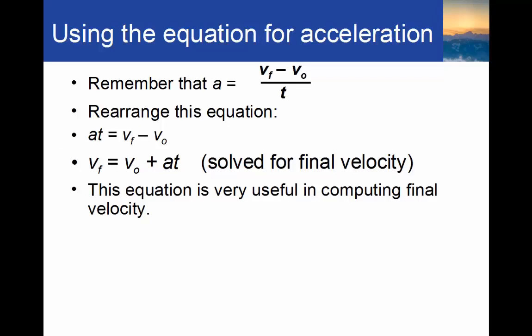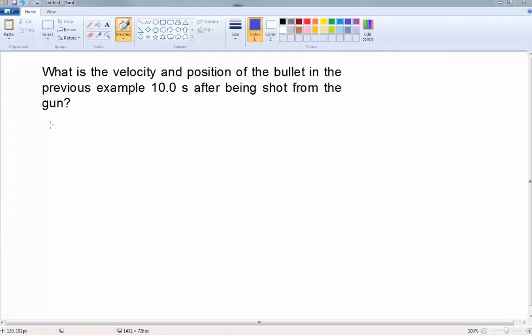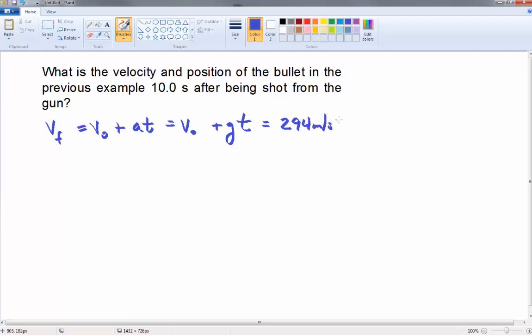So basically the final speed is equal to the initial speed plus gravitational acceleration times time. And so that's 294 meters per second plus, again, they're in opposite directions, so this is actually a negative 9.8 meters per second squared times 10.0 seconds. So this quantity right here is negative 98 meters per second.